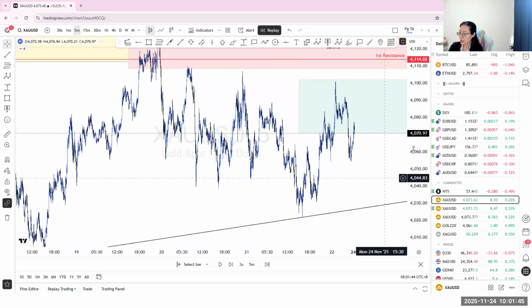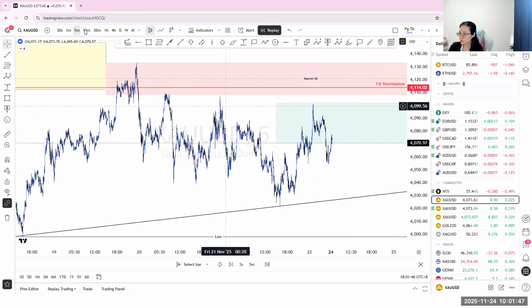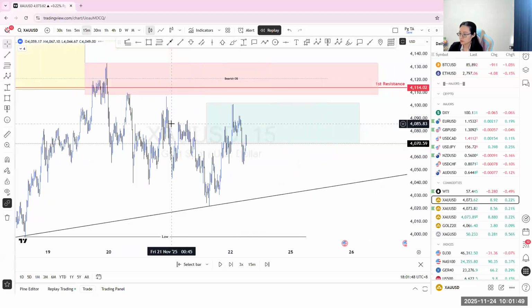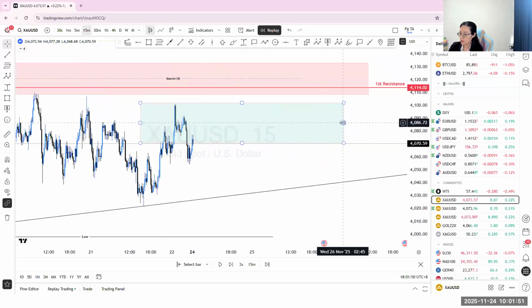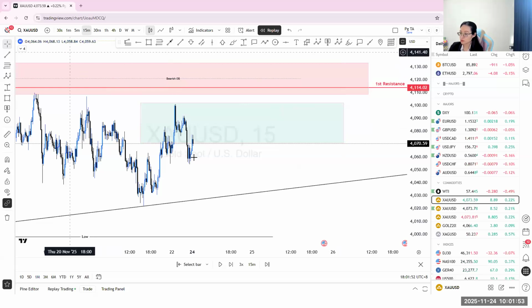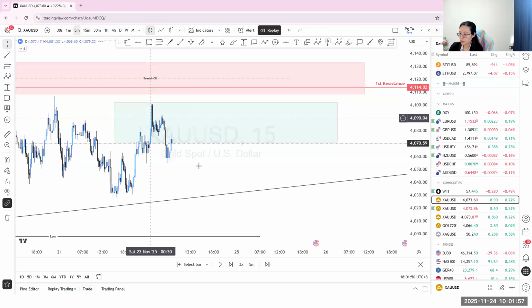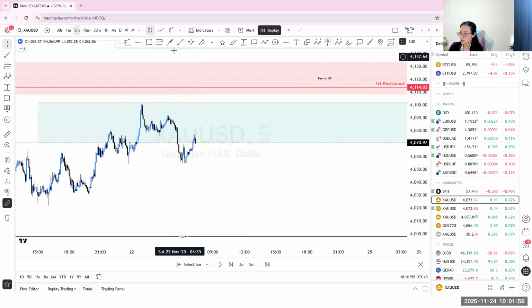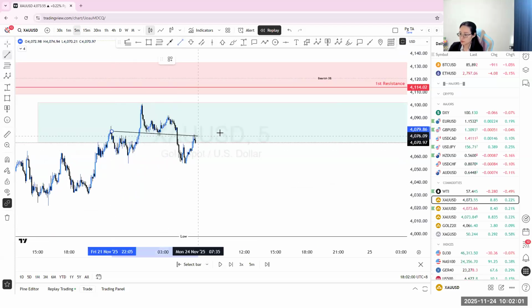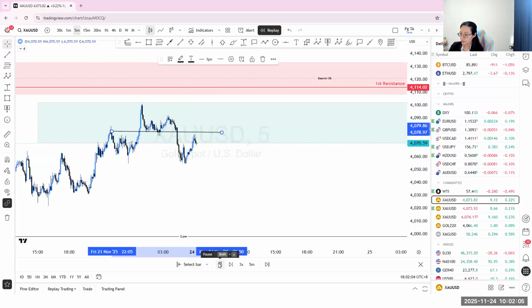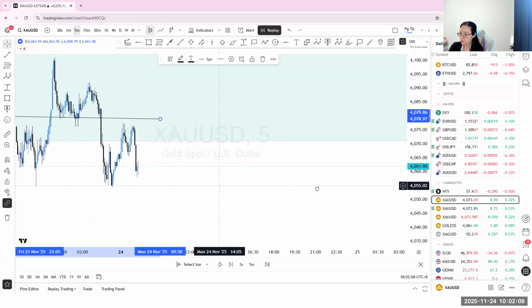Now I'm going to look at the M15. This is my OB in H4. So I want to sell. Can we sell? We need to wait. Price went in, I know that this is the resistance, but I did not sell.